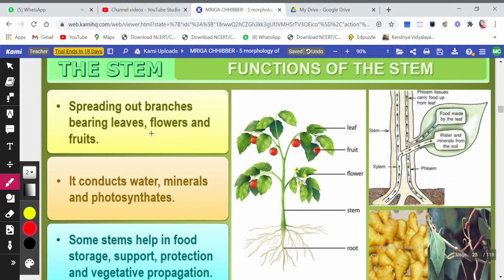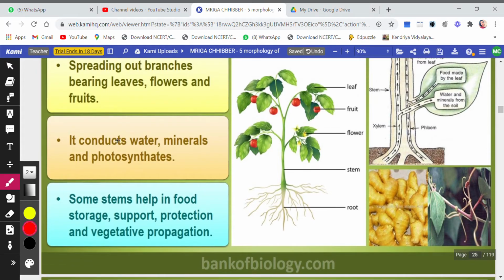Functions of stem: spreading out branches, that is bearing leaves. It also bears flowers and fruits. It helps in the conduction of water and minerals, and it also photosynthesizes because sometimes it is green in color. Some stems help in food storage, just like the roots did, we had studied. They also support, they also protect, and they also vegetatively propagate.